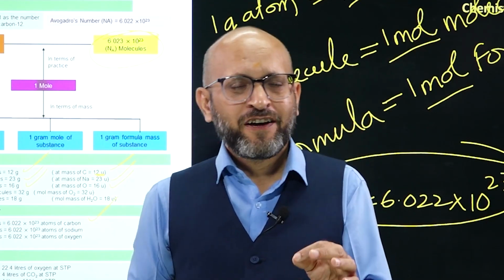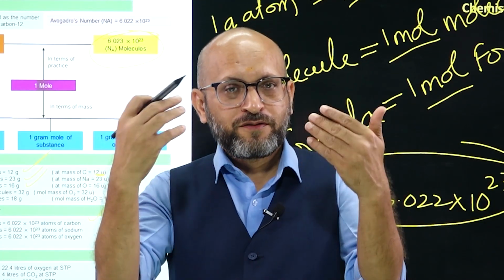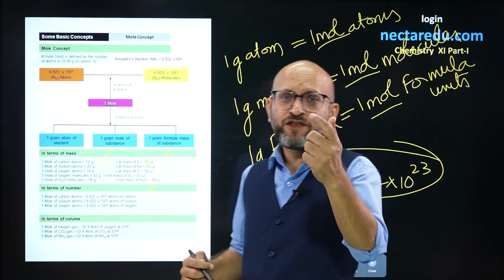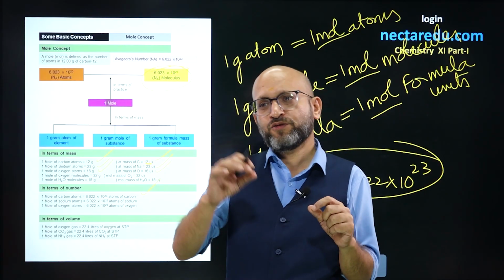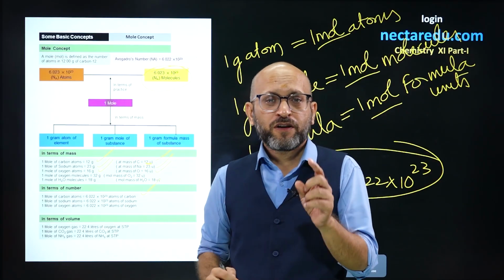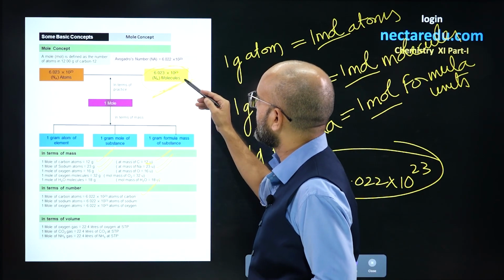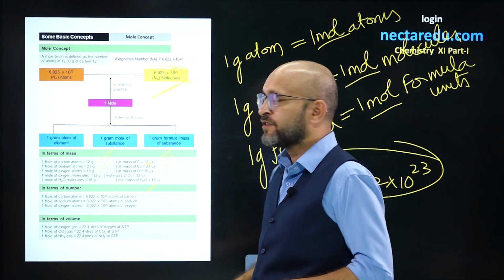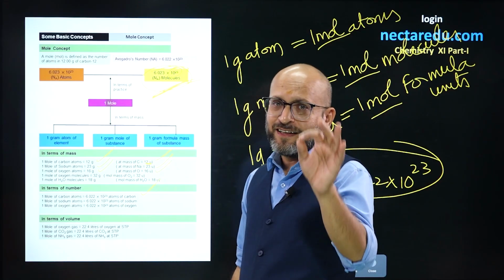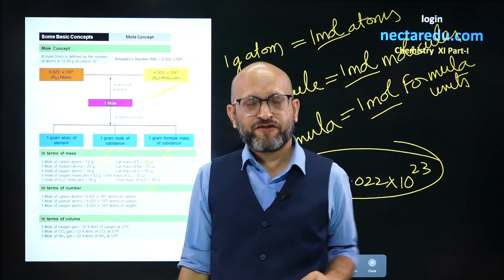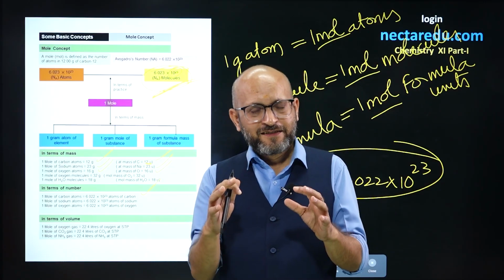In real life, we do not use such a big number, so you haven't seen mole being used often. We often use a dozen for a set of 12, or a pair, but we don't use mole, because just look at this 10 to the power 23. It is a huge number. That's why we don't really use mole in real life.